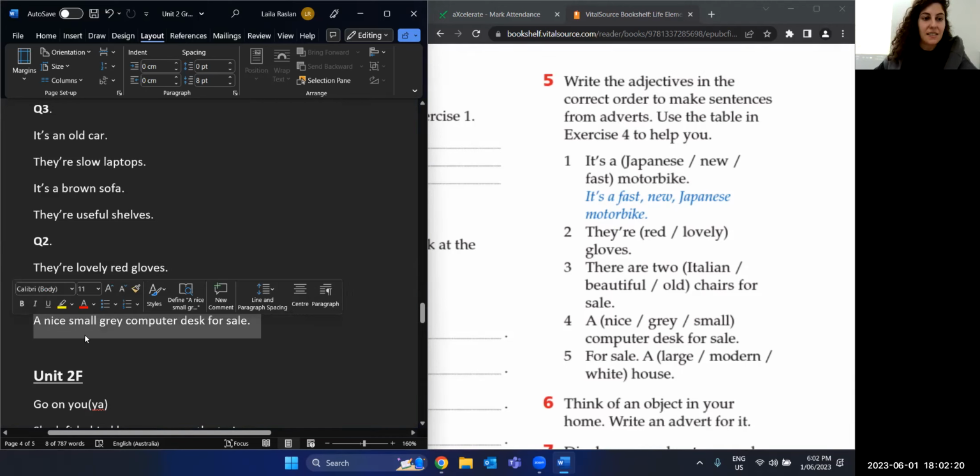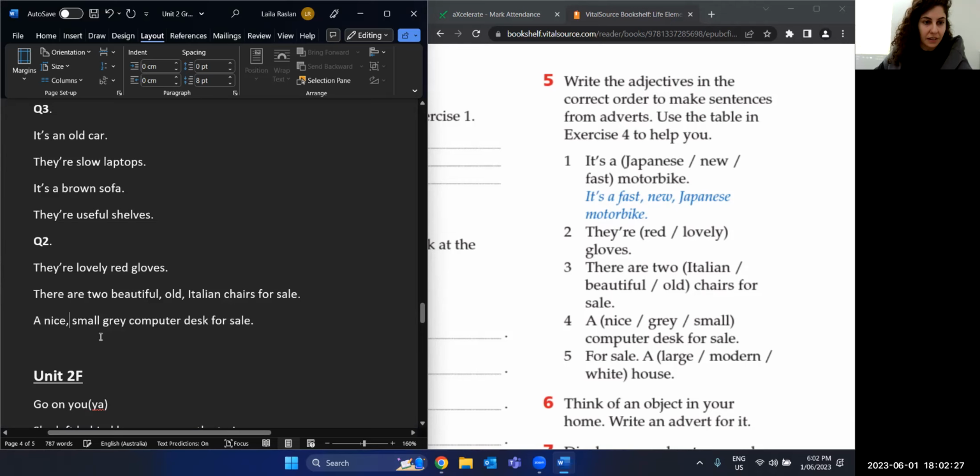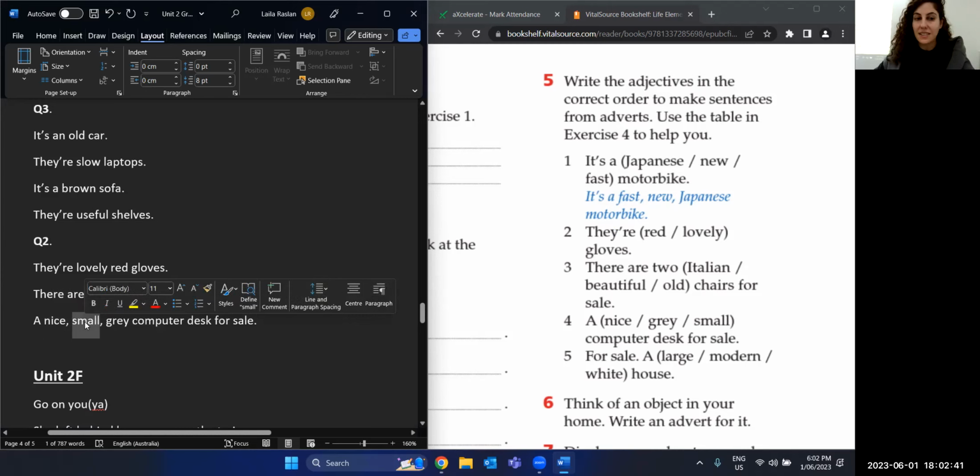A nice, small, gray computer desk for sale. And I should have commas. A nice, comma, small, comma, gray computer desk for sale. I must have the commas because it separates the adjectives. That's one adjective, nice. That's an opinion. Small, that's the size. Color, gray.